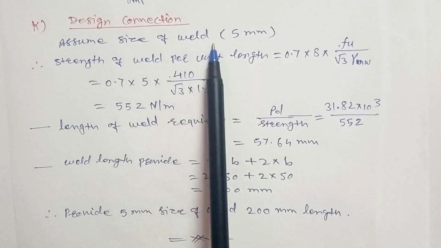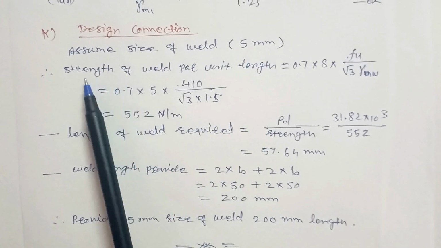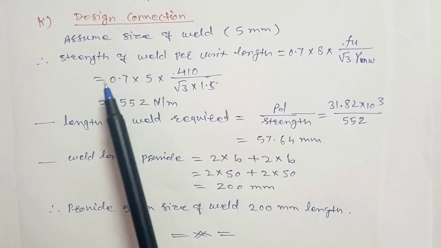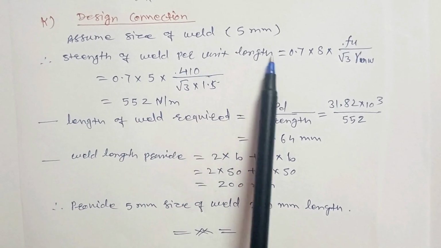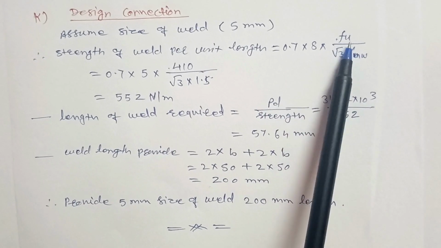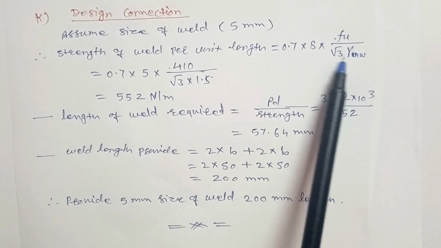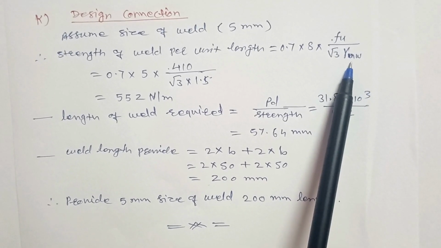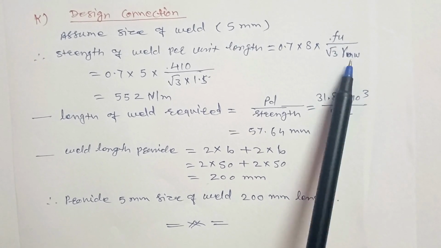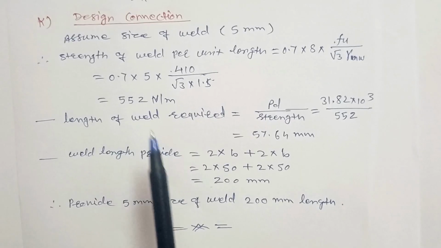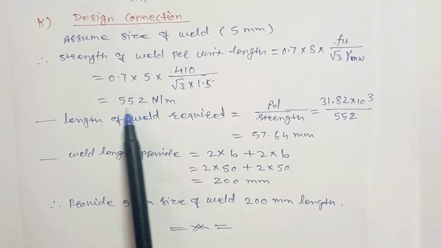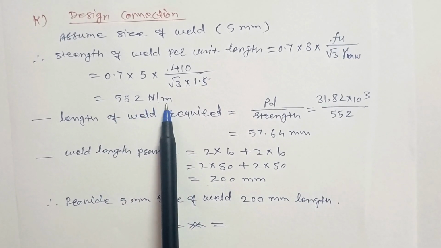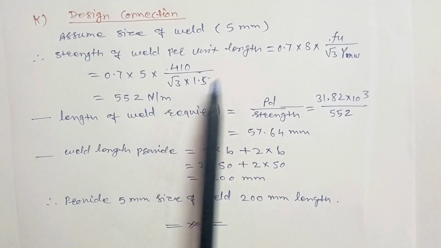So assume the size of weld as 5 mm. We have to determine the strength of weld through this formula: 0.7 into S into Fe upon root 3 into gamma mw for the weld. Again it is taken from table number 5 of IS 800, it is 1.5. So the strength of weld is calculated as 552 Newton per mm. It is strength per unit length.